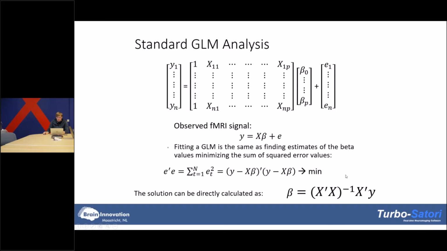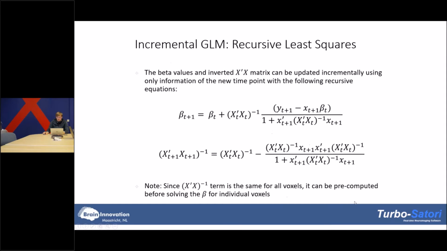This is standard statistics, but we have some limitations for the real-time analysis. That means that we have to calculate all these statistics within the repetition time, or within the time of the recording. The design matrix that we see is the same for all channels.